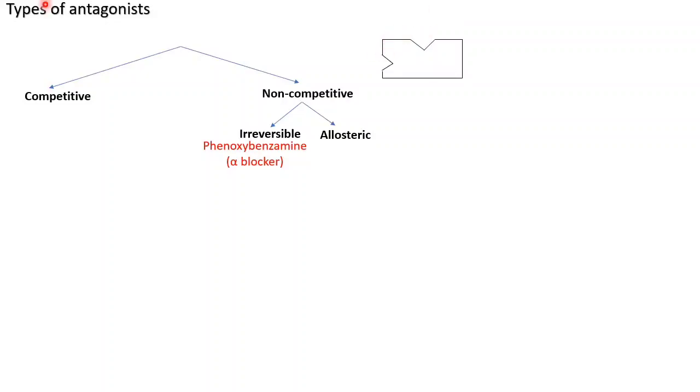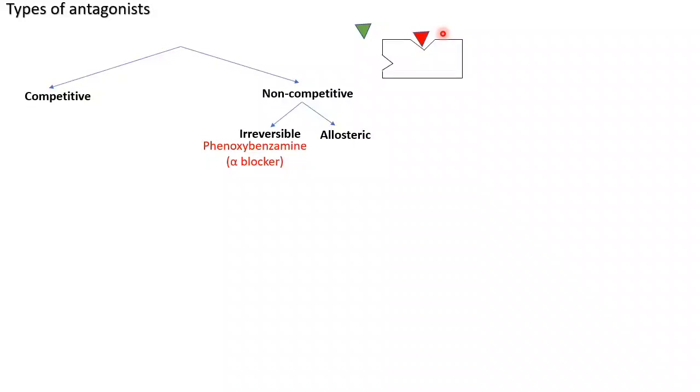And when our antagonist binds here, it causes a conformational change. It changes the shape of the receptor. So it somehow closes that active site to which the agonist binds. So in that way, it prevents the binding of the agonist to its receptor, and so it would prevent its action.